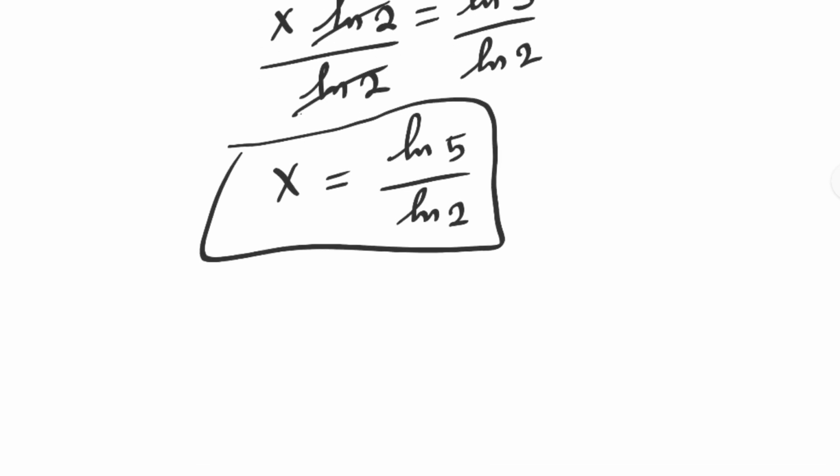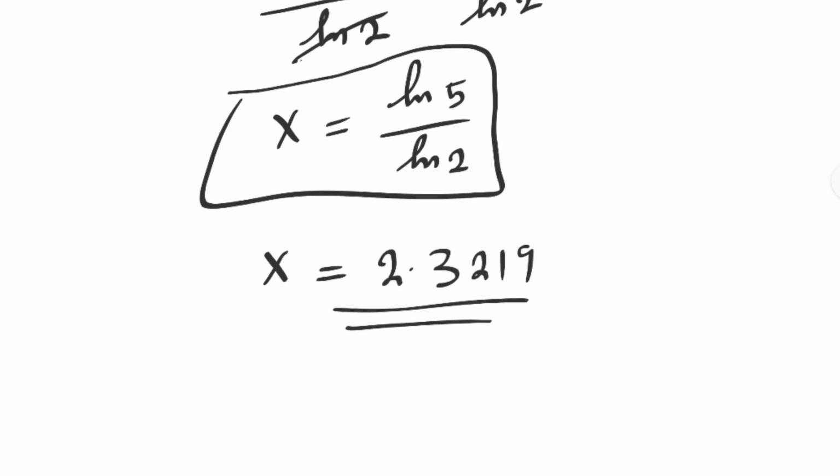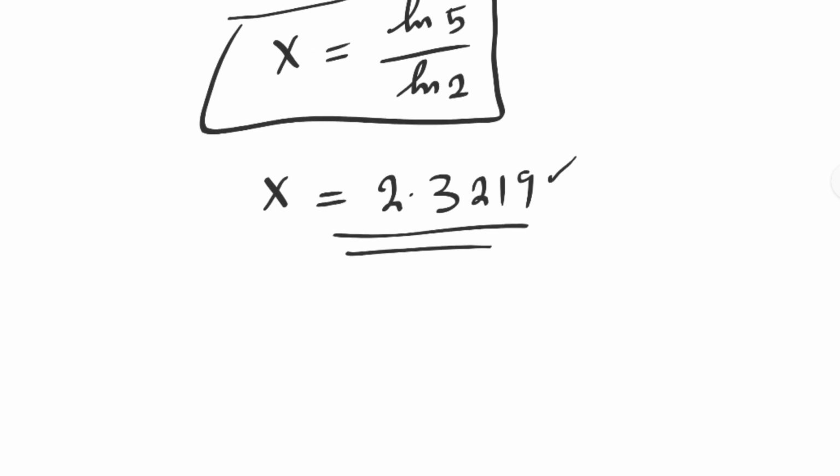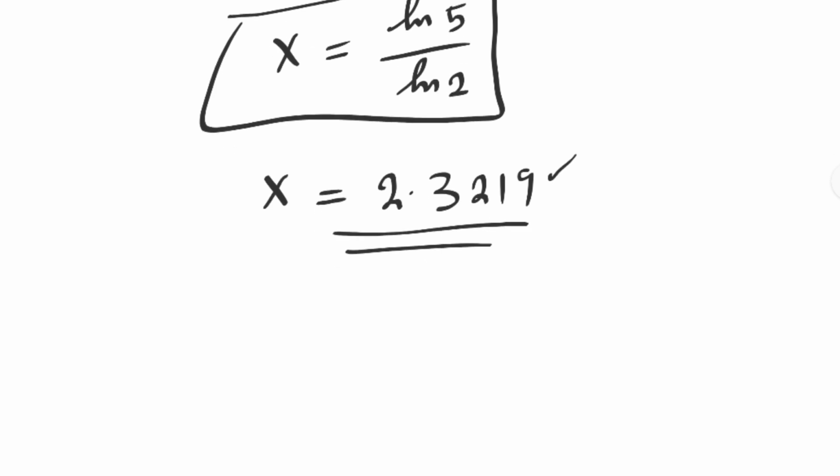Then if you want to use your calculator, x is equal to 2.3219. Then let us check to confirm if this answer is right or wrong. We have 2 raised to power x is equal to 5.